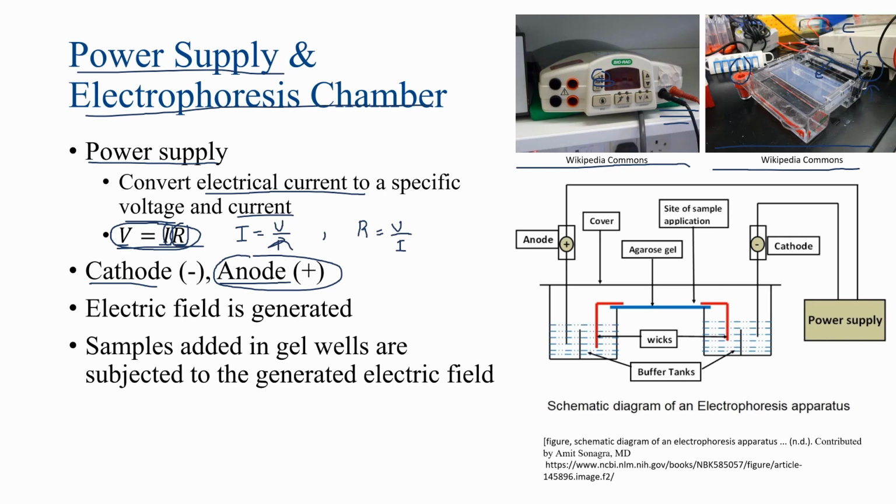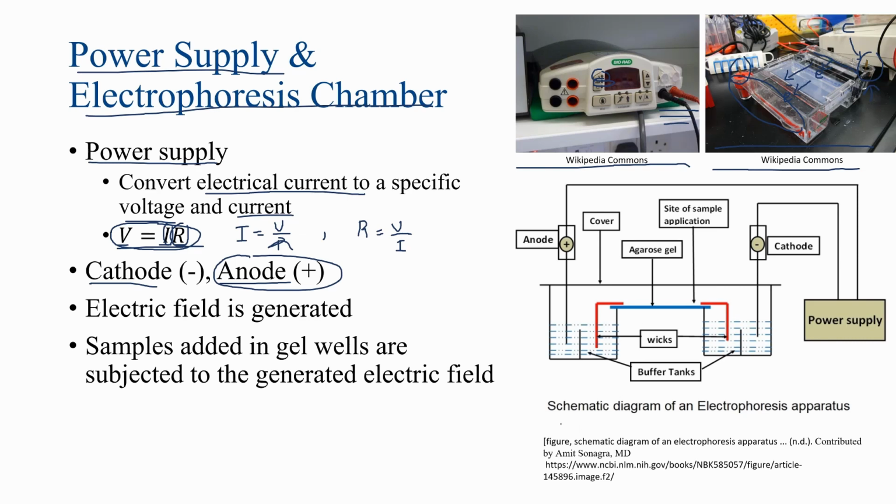So these electrons will enter the anode labeled in red, as you can see. This produces a full circuit where you have the electrons continuously moving this way, and that makes gel electrophoresis possible.